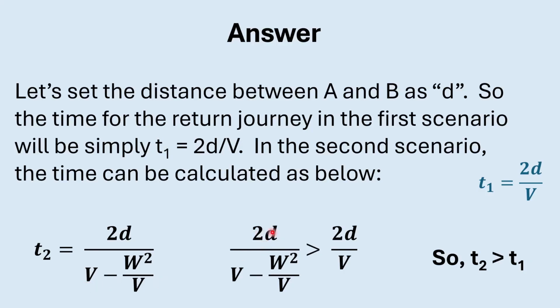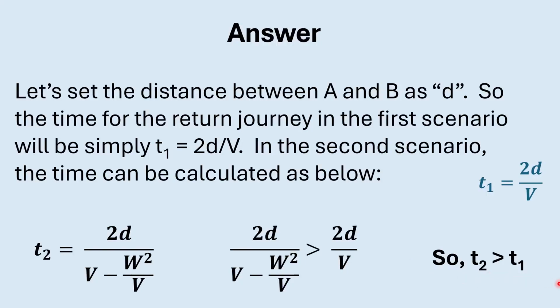And here T2 is 2d divided by v minus w squared over v. So this is divided by a value smaller than v, and the value of this fraction must be greater than 2d divided by v. Because they have the same numerator, whichever has a smaller denominator must have a greater value. So that means T2 is greater than T1.